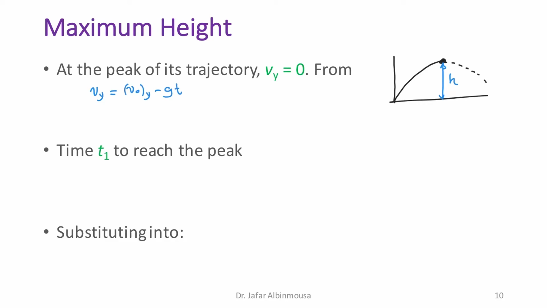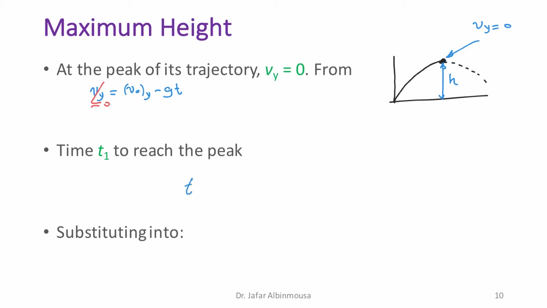When a projectile reaches the maximum height, its vertical component vy is 0. So when we equate this with 0, we get an expression of time. We call it t1, the time to reach the peak.